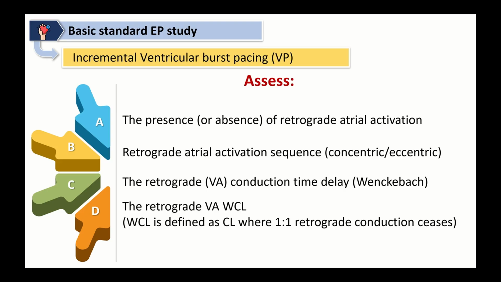Number two, the retrograde atrial activation sequence: is it concentric or eccentric? Number three, retrograde VA conduction, is there decrementation or not? Number four, the retrograde VA Wenckebach cycle length. What does it mean? It's defined as the cycle length where 1-to-1 retrograde conduction stops.